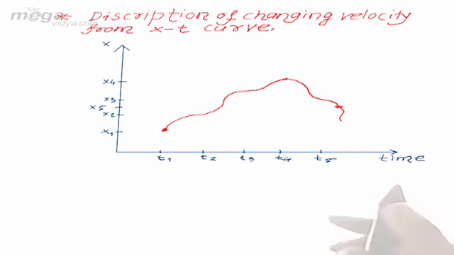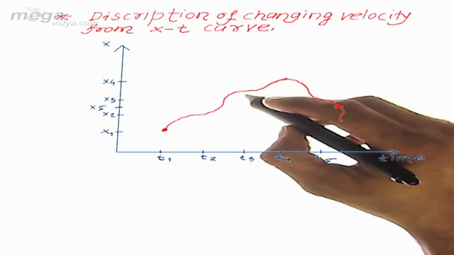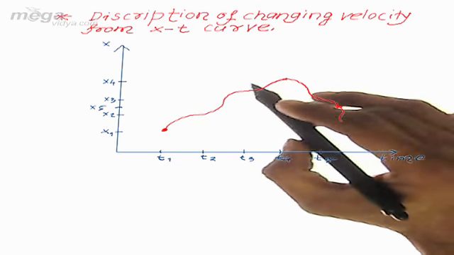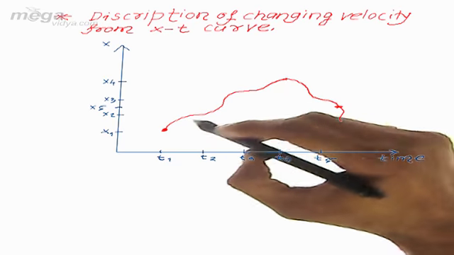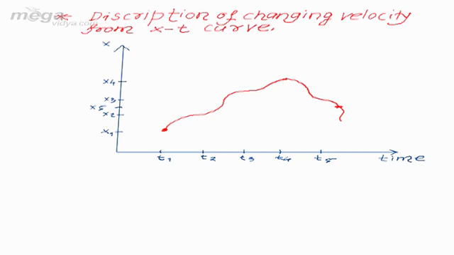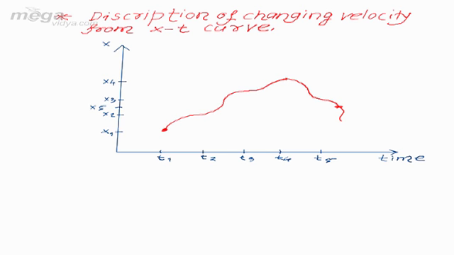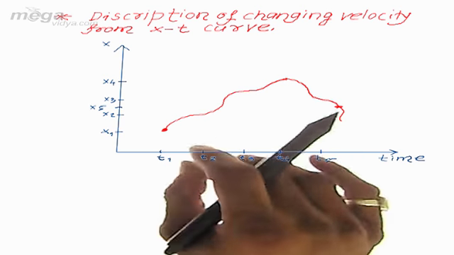What you see here is that at different times the particle's velocity is different because of the curved shape, because of the curvatures of the curve between position and time. This curvature represents the way by which position is changing. As we know, the curvatures of this curve are different between different time intervals.